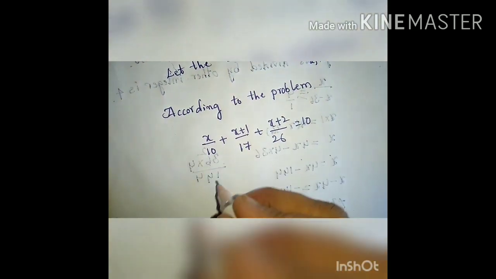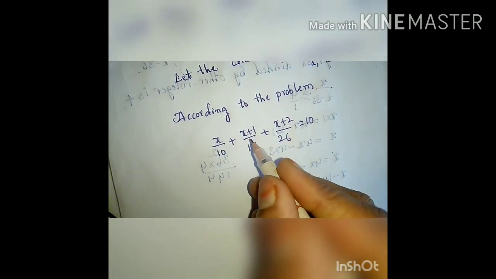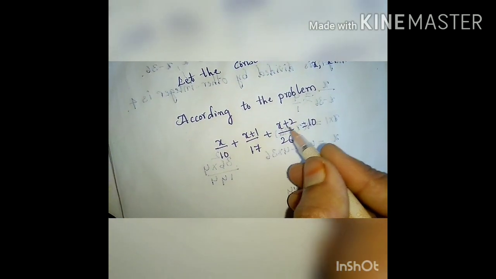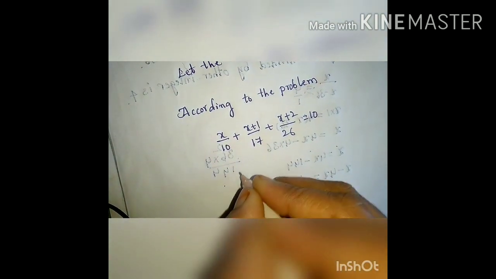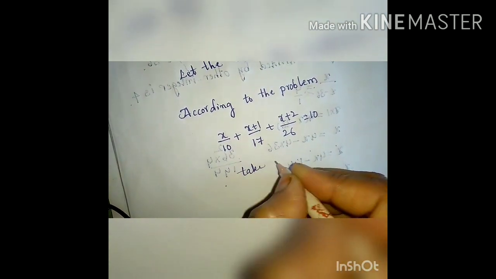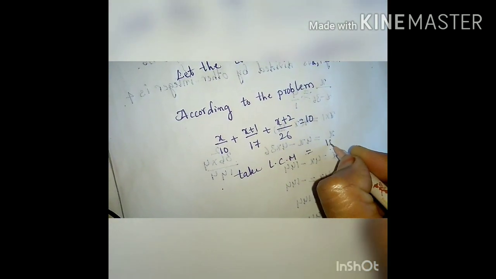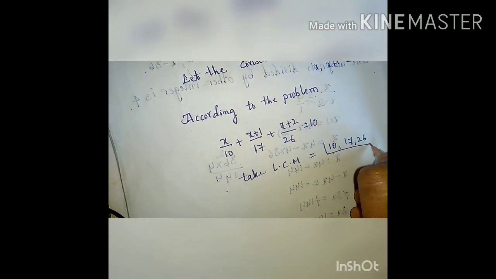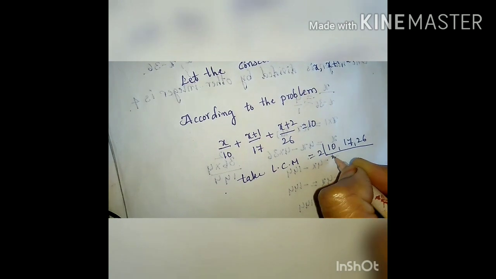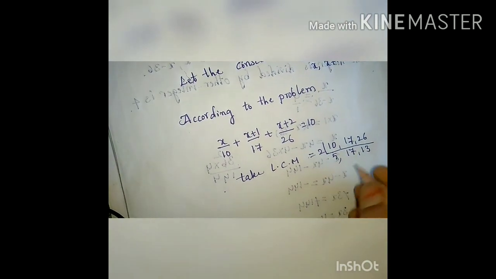Okay, so now the first term has only x, the second is the x plus 1 term, and the third is the x plus 2 term. So three terms are there. Then take the LCM of 10, 17, 26. 2 fives are 10, and 13 twos are 26.